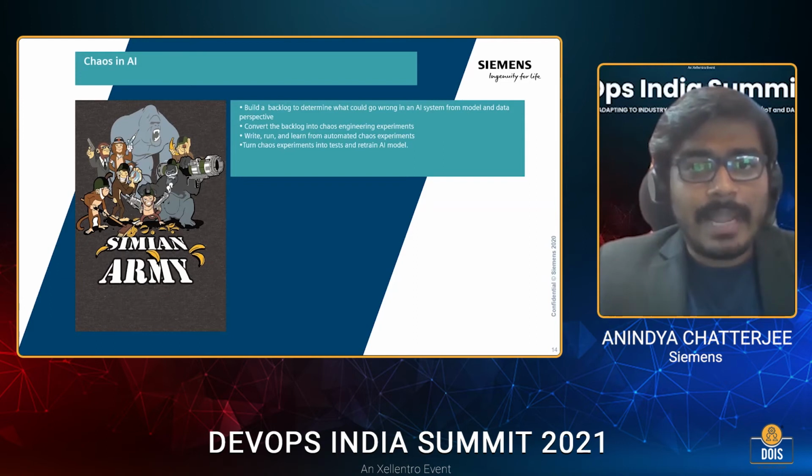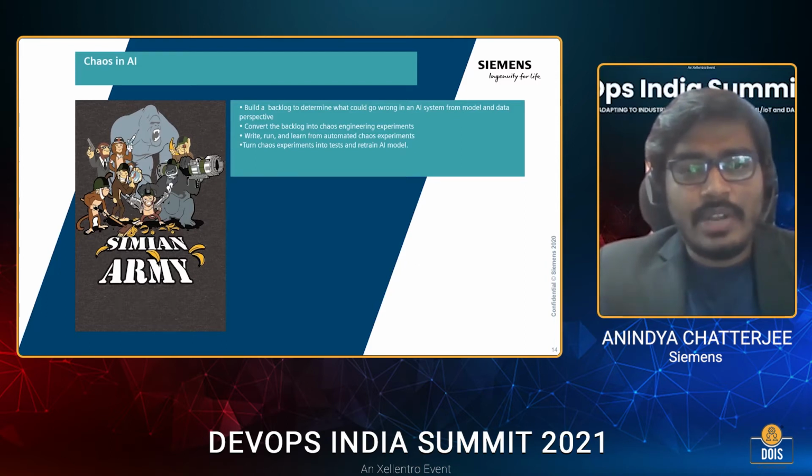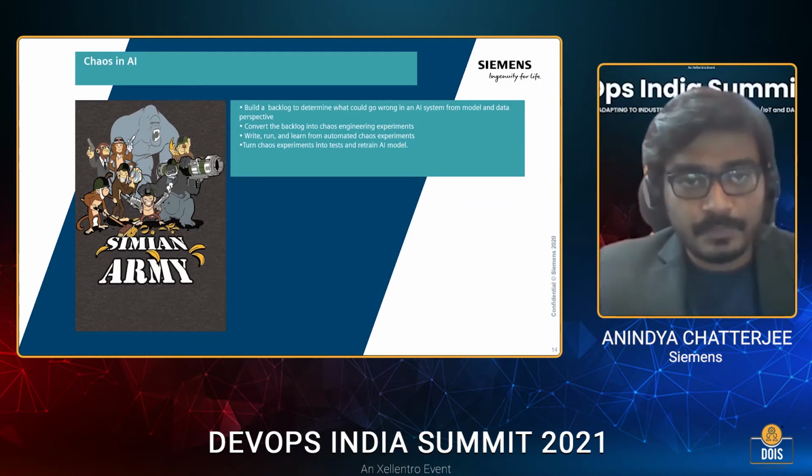Then you can convert the backlog into chaos engineering experiments, learn and write automated chaos experiments, and use the data generated through them to retrain and test your AI model. Only by doing this are you making your model robust against adversarial attacks.